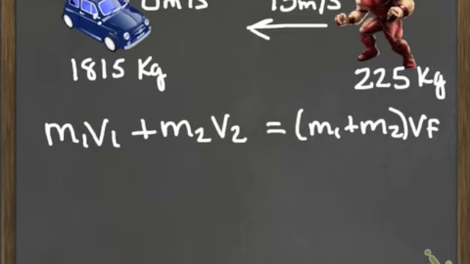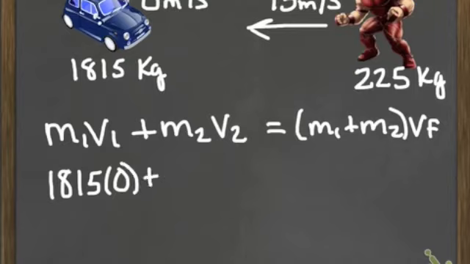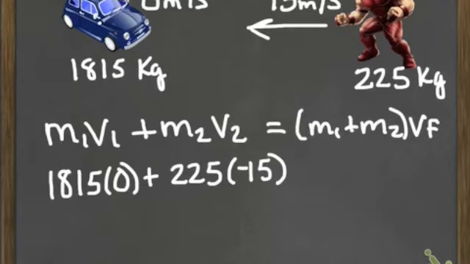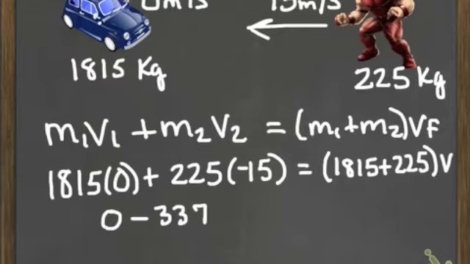So let's figure out how to solve for that. What I'm going to be solving for in this is v final. So I have the car's mass, 1815, going at 0 meters per second, plus the juggernaut, and he's going at negative 15 because he's going to the west direction in the way I drew it. So that's a negative. And that's going to equal the total, 1815 plus 225, times the final velocity, which is what we're trying to solve for.